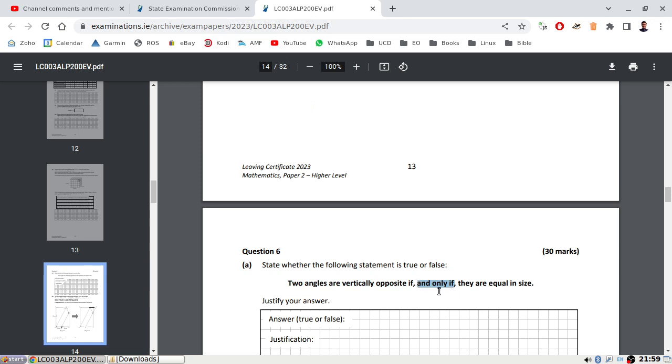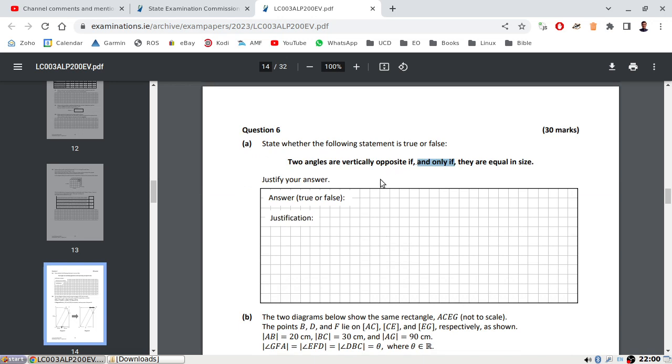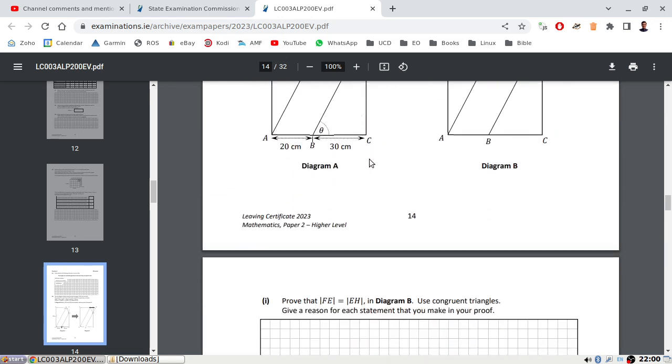And it's just hard for me to get my head around how you could say angles which are equal in size implies that they're vertically opposite. I mean, maybe they mean to say if they're equal in size, they could be vertically opposite. I don't know. It'll be interesting to see the marking scheme for this one when it comes out.